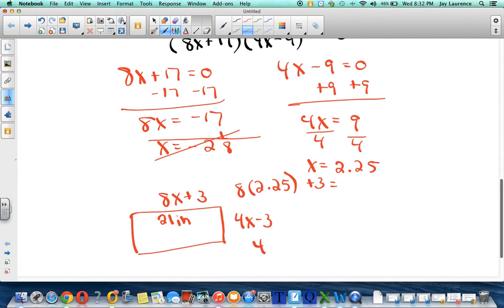And then if I do 4 times 2 1/4 minus 3, well, 4 times 2 1/4 minus 3 is 6 inches. Okay, now there's a way to tell if I did this right. Let's multiply the 21 times the 6, and I get 126.